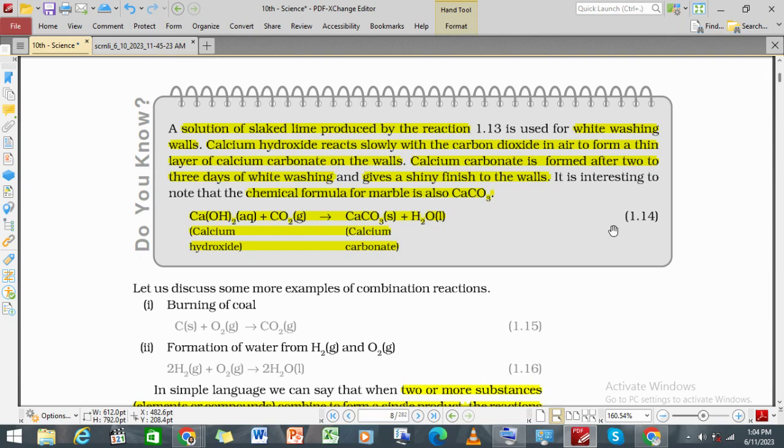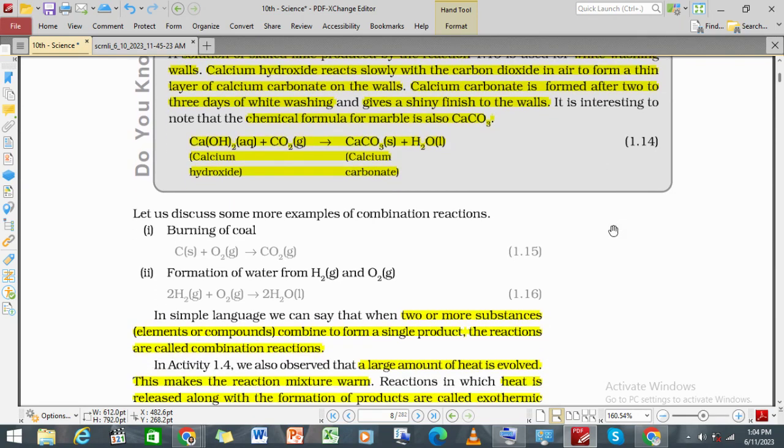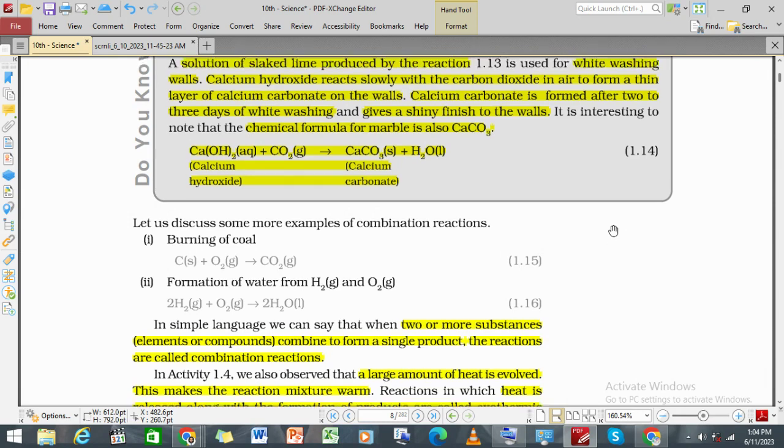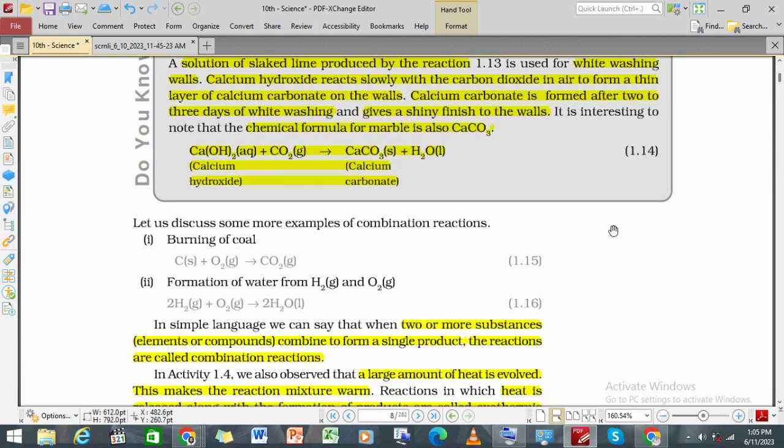Here, that is Ca(OH)2 plus CO2 gives CaCO3 plus H2O. Here Ca(OH)2 is calcium hydroxide, known as slaked lime, and CaCO3 is calcium carbonate. And what was the quicklime? It was CaO, quicklime.